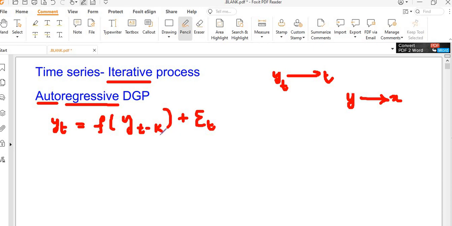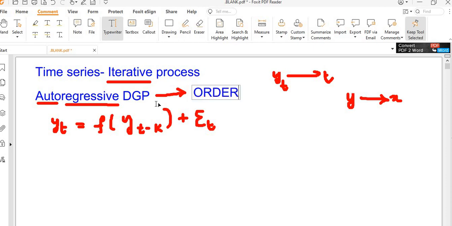So if k is 1, and if t is measured in per day unit, then this is the current value, this is the value for yesterday. If k is 2, then that is t minus 2, so that's 2 days before. But at the end of the day, you're still regressing y on itself. So it's an autoregressive equation. Now there are orders of autoregressive equations. So you have something called the order of autoregressive equation.